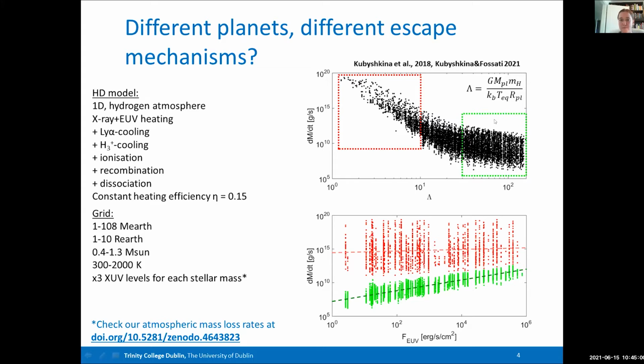In turn, the escape rates for these two groups depend differently on the amount of radiation received from the star. So in the bottom panel, I show the escape rates against the XUV flux at the planetary orbit, and one can see that the group on the left shows nearly no dependence on the stellar irradiation, while the group on the right depends on it nearly linearly.